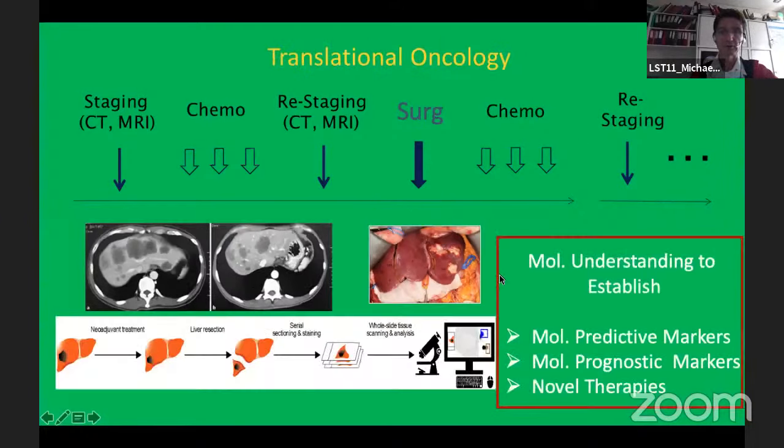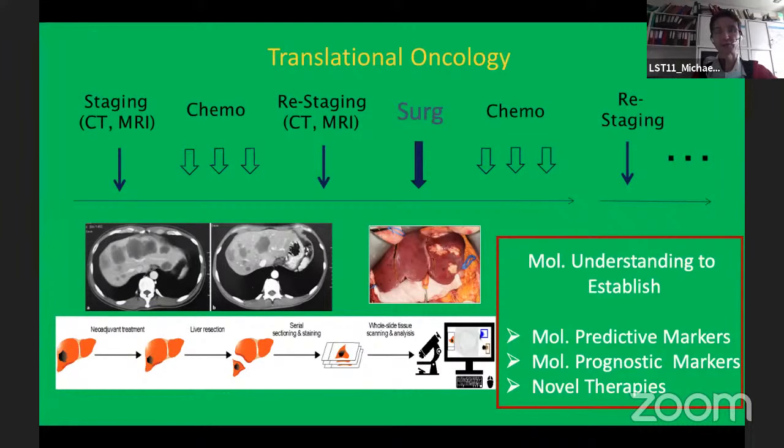Translational oncology is a new field, and it's a difficult field because it should bring the PhD fields together with the MD field, and as you know, there is a big gap. Translational oncology tries to close this gap.